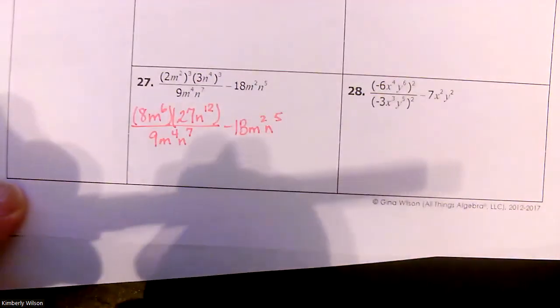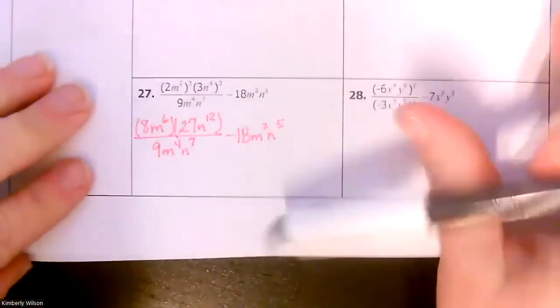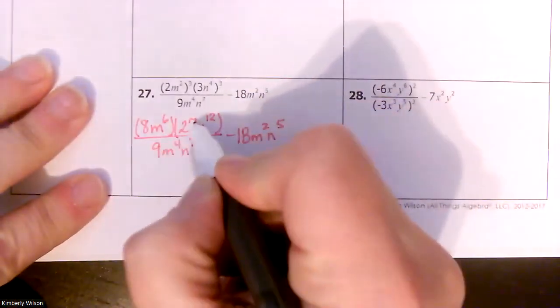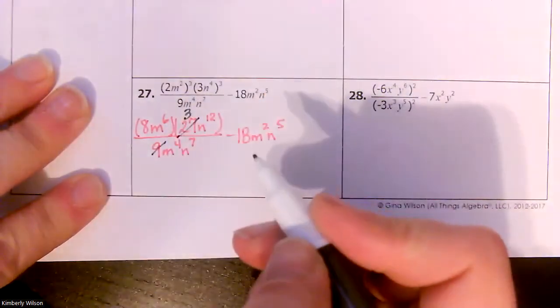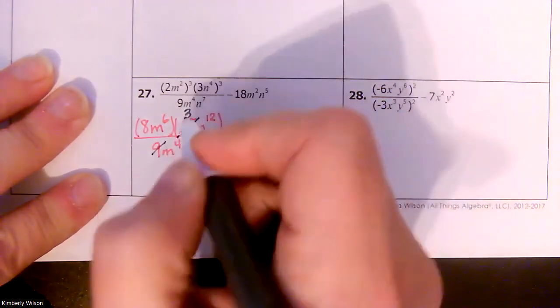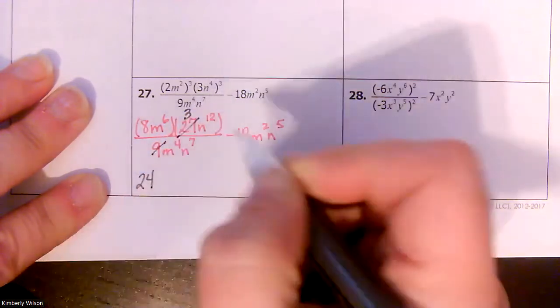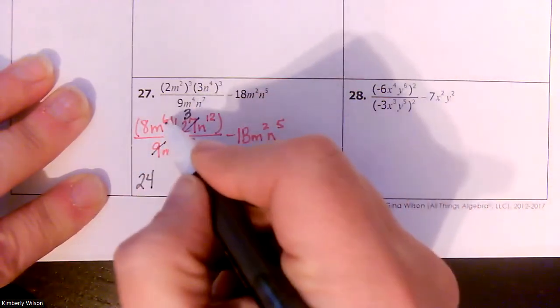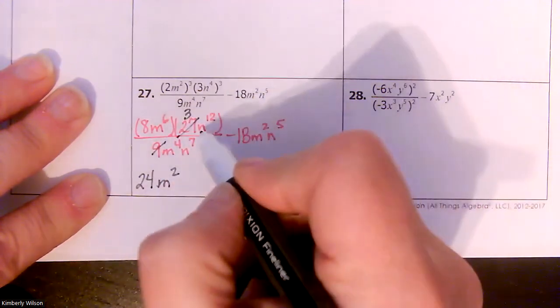Next step, got to keep doing this. Look, the 9 and the 27 can cancel, and this becomes a 3. And then I can do the quotient rule. So I'm going to have 8 times 3, which is 24. Now I'm doing 6 minus 4, so this is going to become m squared.